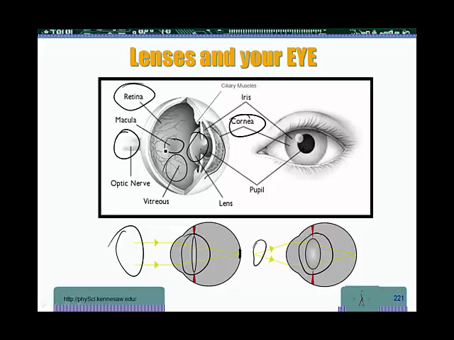Another thing that plays a big role in our vision is the iris and how it dictates the size of our pupil. By making our pupil smaller or larger, it's going to control the amount of light that's going to go in.